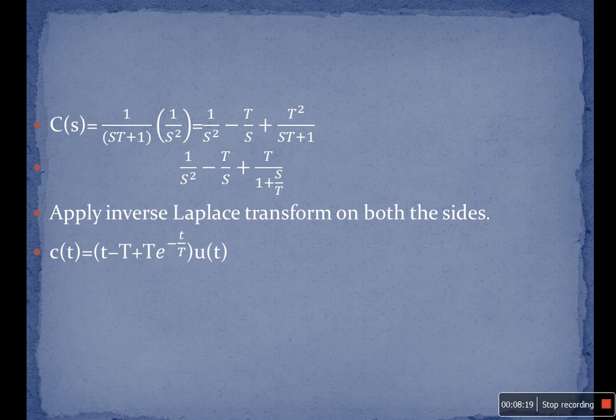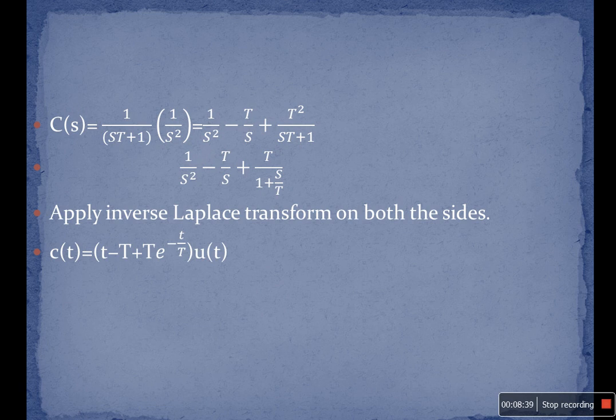If you observe this, here t minus tau is the constant term or steady state term, and tau into e power minus t by tau is the transient term. So impulse response consists of only the transient term.